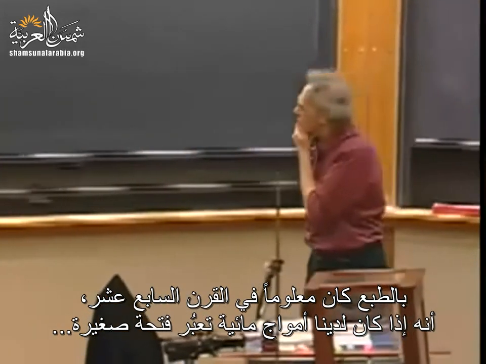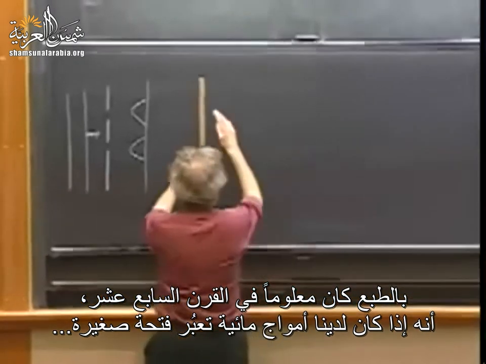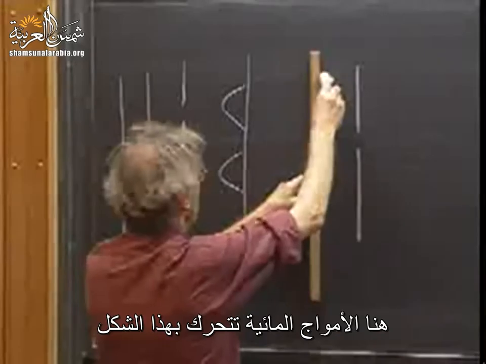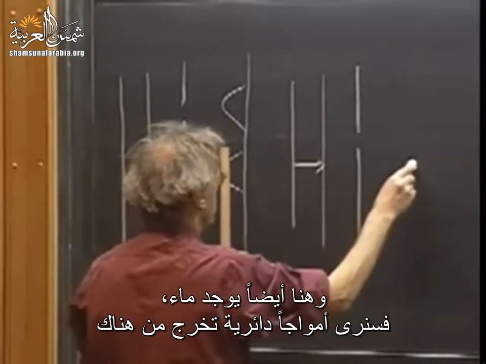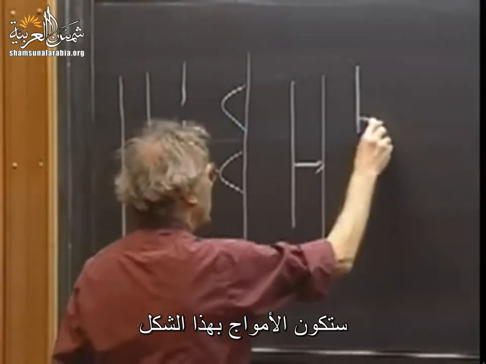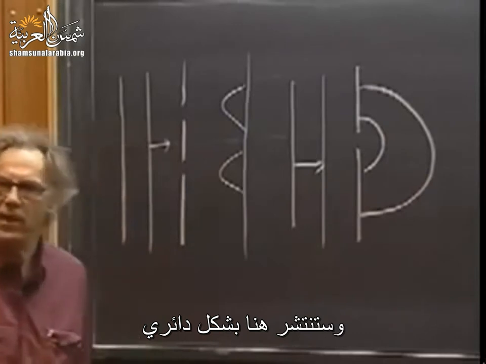It was known, of course, already in the 17th century that if you have water waves going through a small opening, so here are water waves moving in like so, and here is also water, that what you see coming out there are circular waves. The waves then look like this, and they're propagating out in a circular fashion.